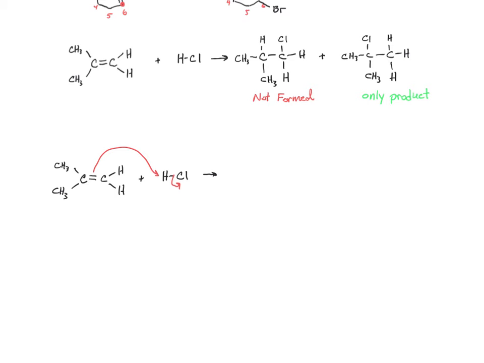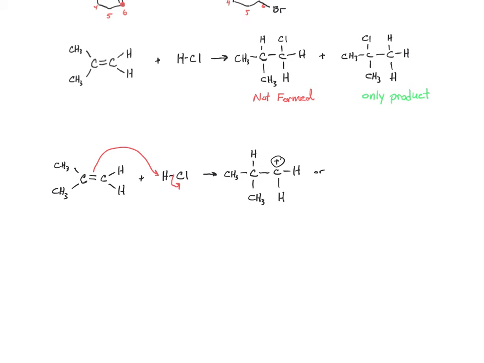Now, if the H goes to the carbon on the left-hand side, this is the intermediate that we form. This is our carbocation.